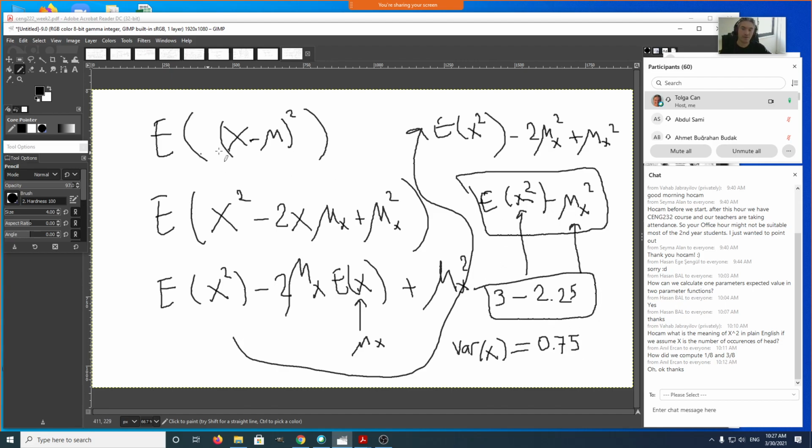So in other words, the expected value of the square of the difference between the random variable and its expected value is simply, first you open it like this, and by using linearity of expectation, you arrive at this formula: the expected value of the square of that individual random variable minus the square of its expected value.